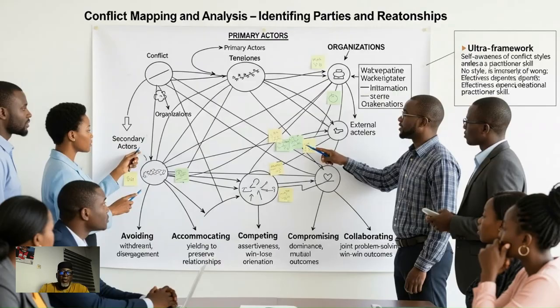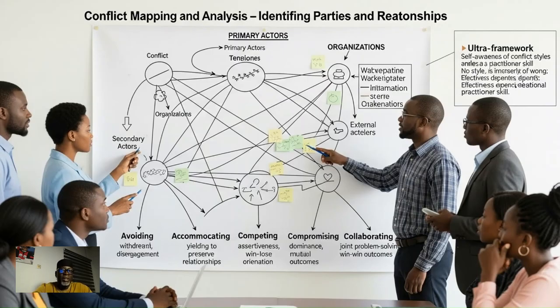So this is very important, because conflict analysis involves a systematic examination of the conflict components to develop effective resolution strategies. Because in conflict management, we know that effective conflict resolution is a product of insightful analysis.